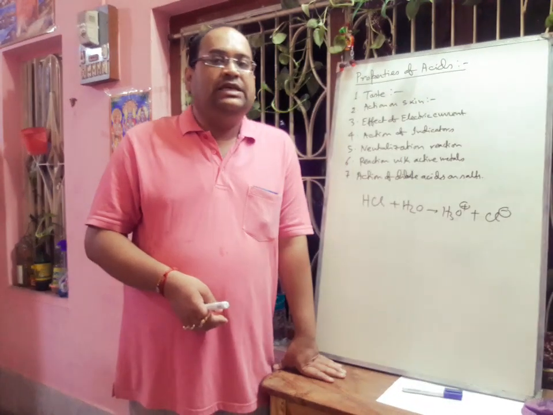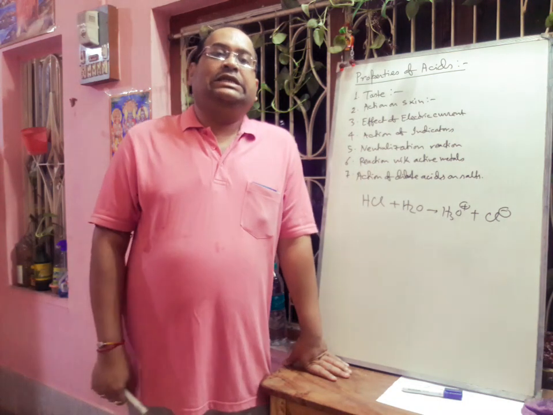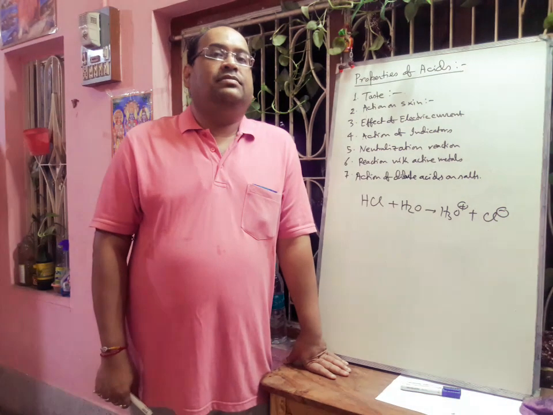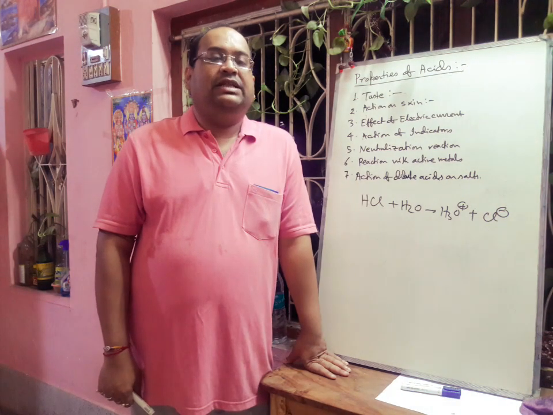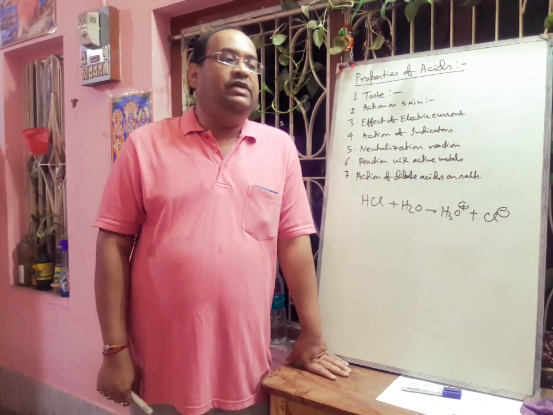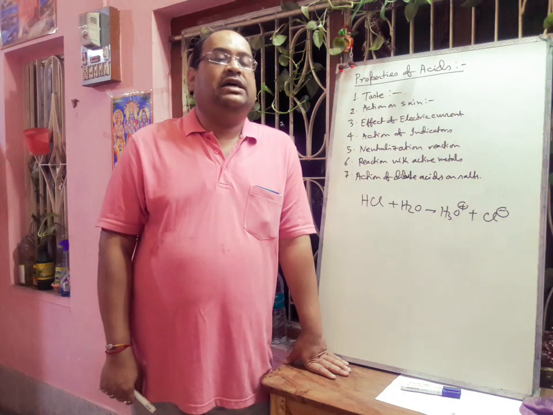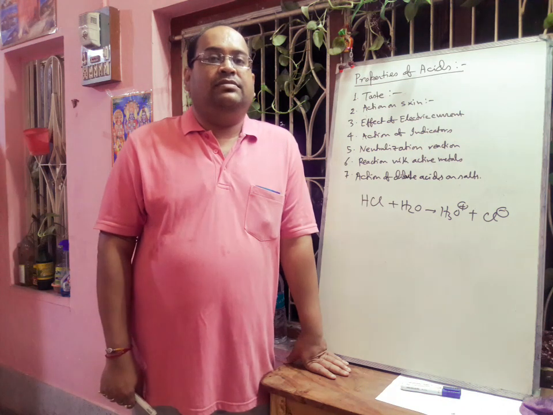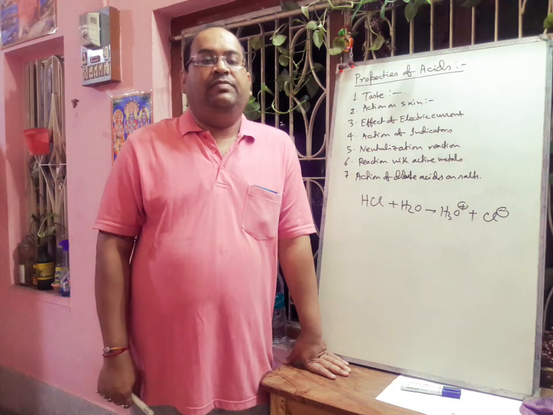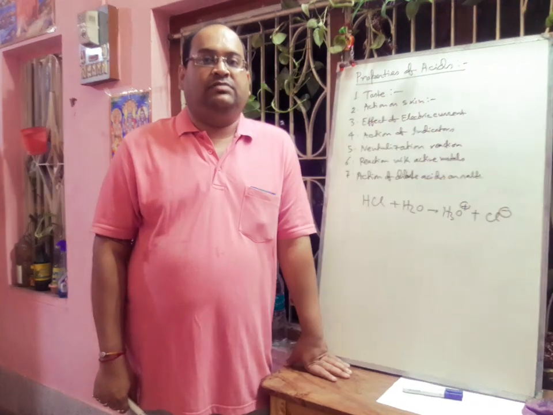Next we will discuss the action of indicators. We know that indicators indicate whether a substance is an acid or base by changing their colors. Blue litmus turns red in presence of acid. Phenolphthalein will remain colorless in acid solution.